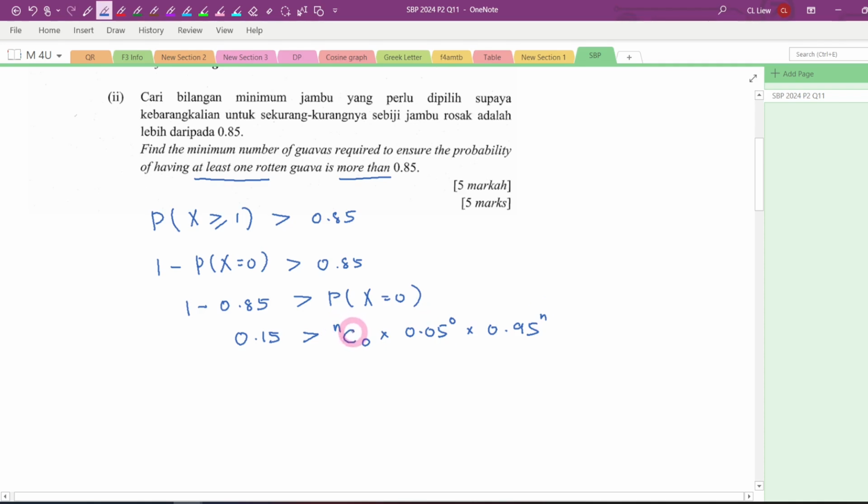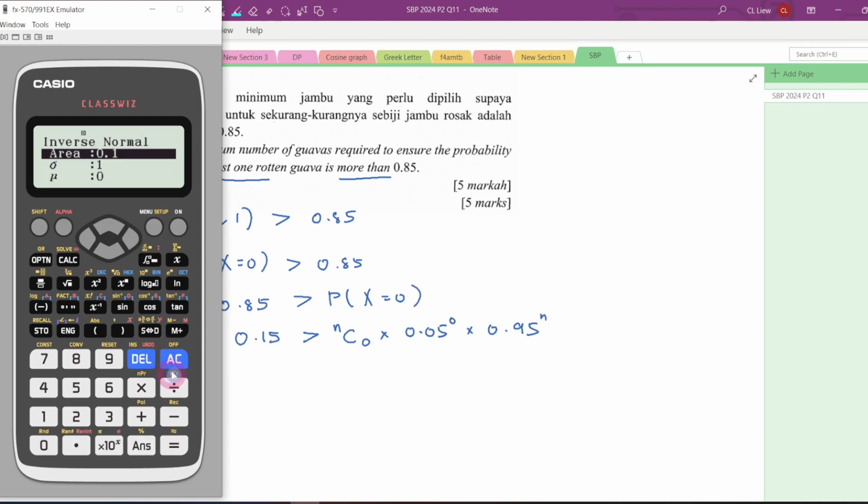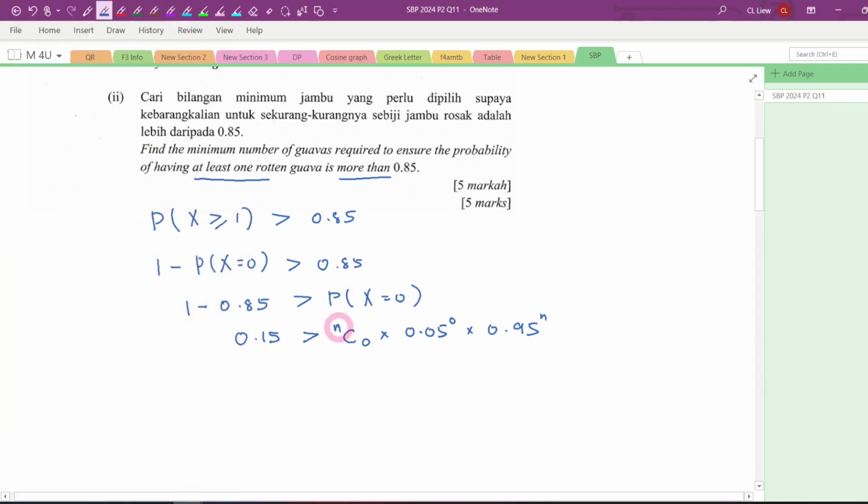Now nC0 is equal to 1. You can press your calculator. Now let me show you. Let's say this n, I let it be 4, equal to 1. If I change it to, for example, 8, always equal to 1, right? So even though we don't know the value of n here, we know it's actually equal to 1. So 0.15 is greater than, this is 1.